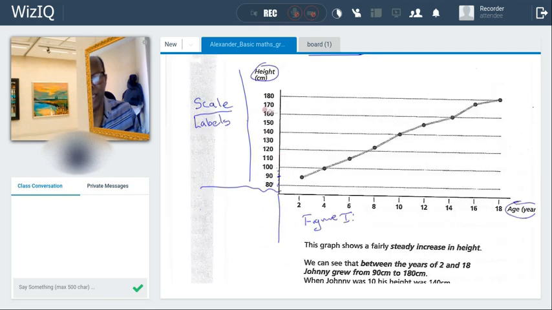So the height of the child is dependent on the age, but the age can change without the height changing. As I said, in stunted growth, the age will be greater, but the height will be lower. This one is independent because it can change on its own. This one is dependent, depending on the age itself.